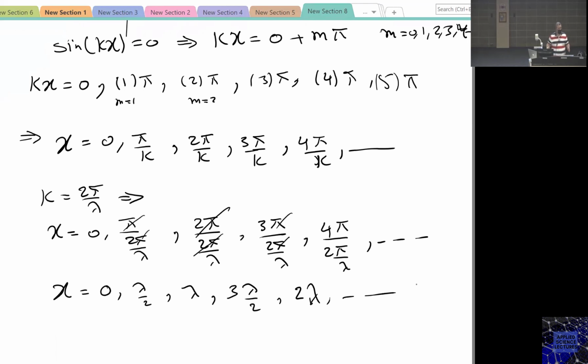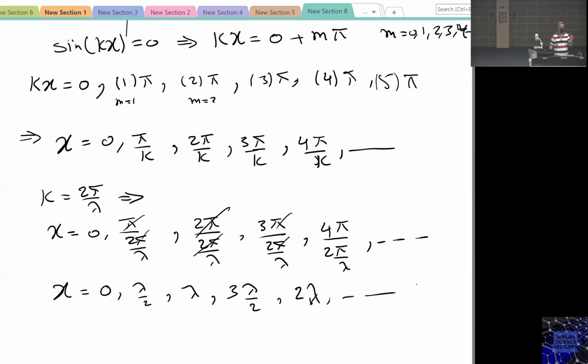It's a periodic function. We found it in terms of the lambda because at the end, my lambda is the length of the wavelength. So I'm writing it in terms of the length of my wavelength.